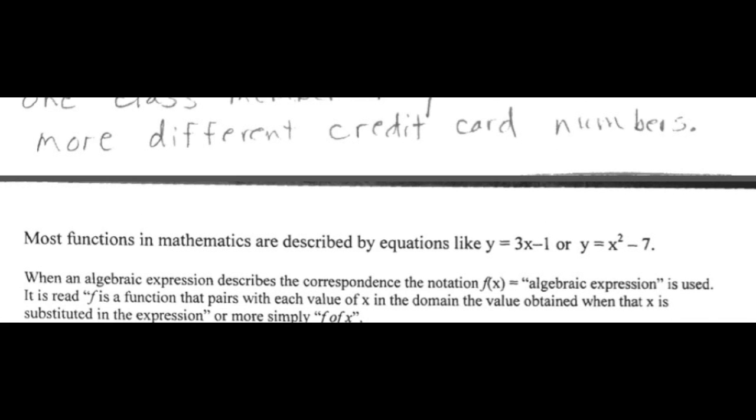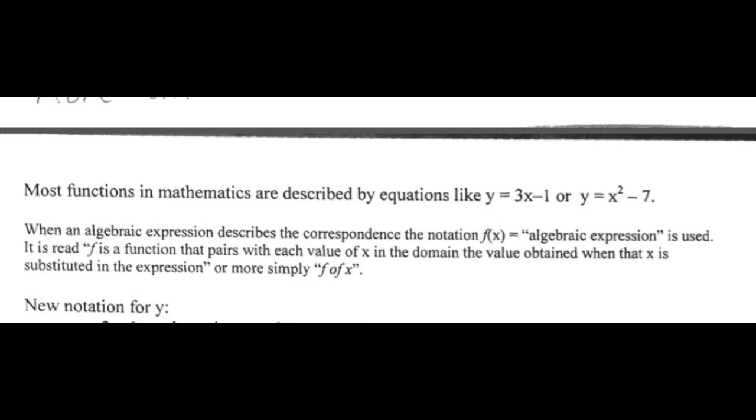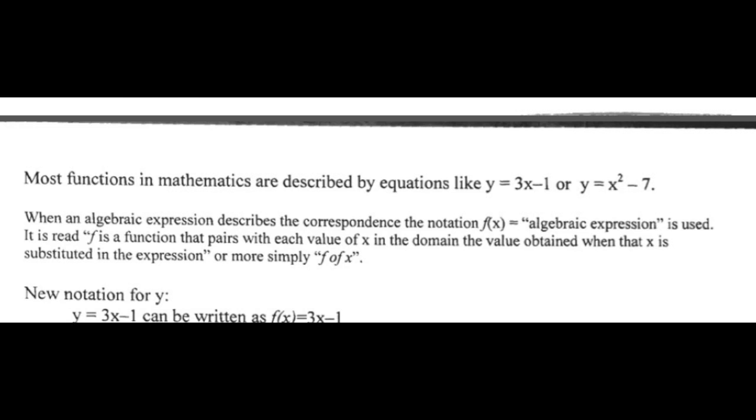So most functions in mathematics are described by equations like y equals 3x minus 1 or y equals x squared minus 7. When an algebraic expression describes the correspondence, the notation f of x equals some algebraic expression is used.